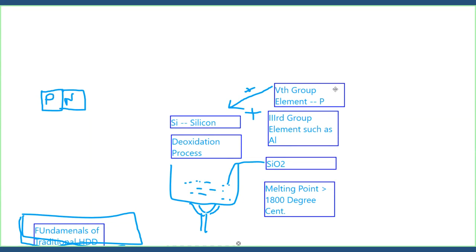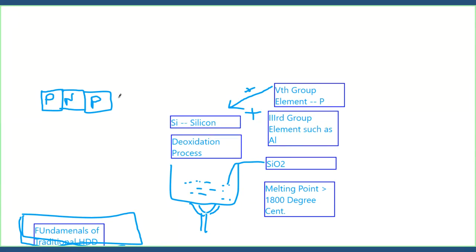Similarly, if you add a fifth group element from the periodic table to pure silicon, you will get n-type material. You can connect an anode and cathode to it to form an electronic component called a PN diode. You can reshuffle this composition to make PNP and NPN transistors.